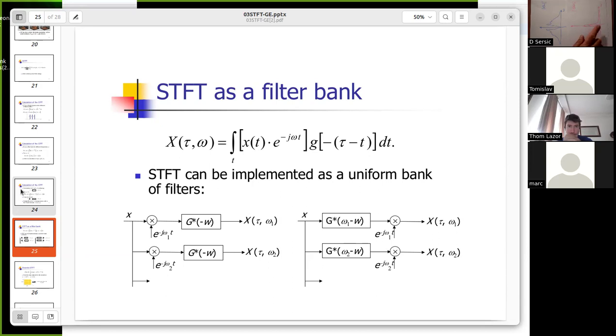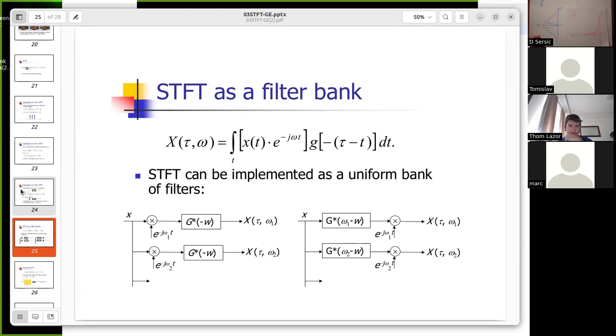They are all the same, like this. And actually, we are moving the spectrum of my voice up and down. We are shifting it by omega 1, omega 2, and in theory we can do it for every omega. In practice, we are choosing only a discrete set of omegas and getting the results of filtering. But the alternative is that I just put it where it is and I move the filters.